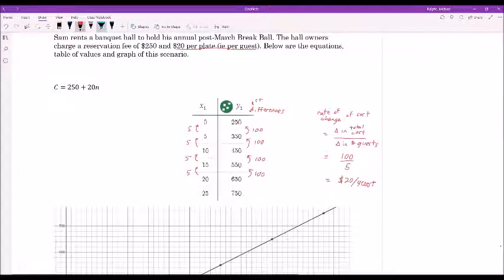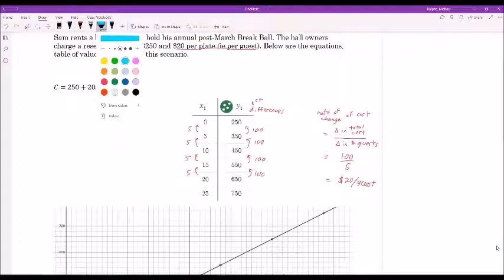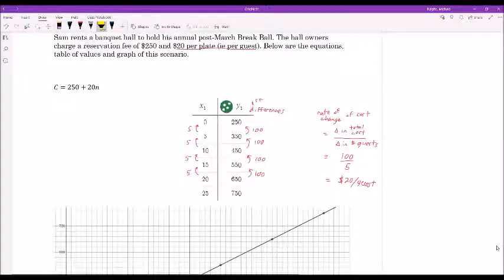Now, the reason why we're using the word first differences is because in subsequent years, we will go on and look at second differences. Second differences will subtract the first differences.